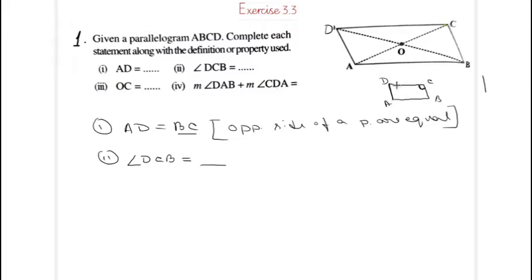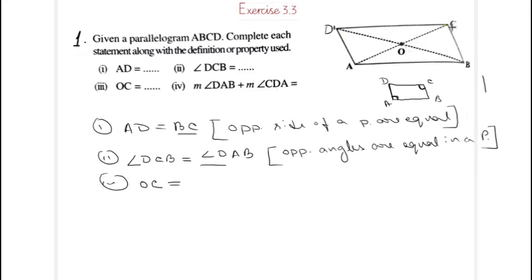That means DCB will be equals to DAB, this angle. So the answer will be angle DAB, and the reason is opposite angles are equal in a parallelogram.